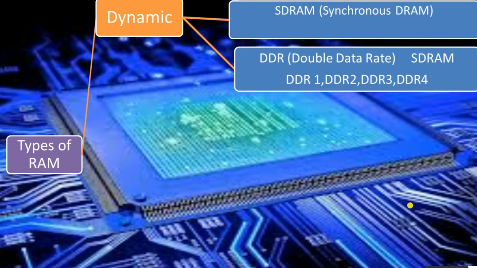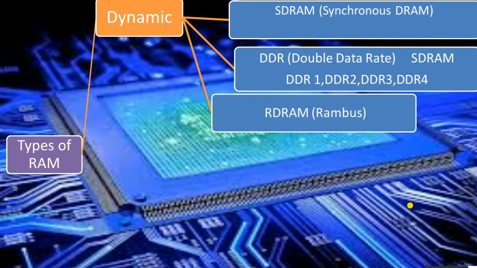And we can see here 4 generations of DDR, DDR1, DDR2, DDR3, DDR4, means it is becoming faster and faster with the next generation, and all variants are faster than the previous one. Like we see further, that is the RDRAM. So the latest of DRAM or the dynamic RAM is RDRAM, which also stands for RAM bus dynamic random access memory.